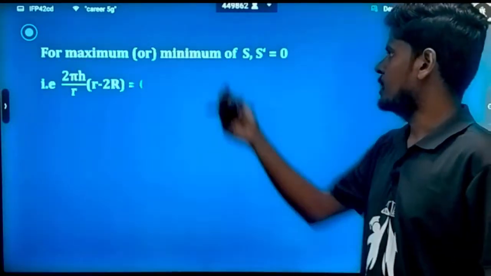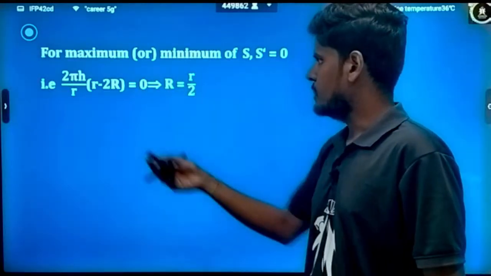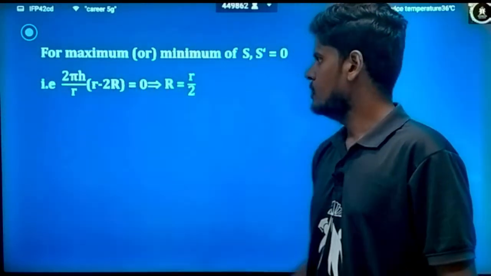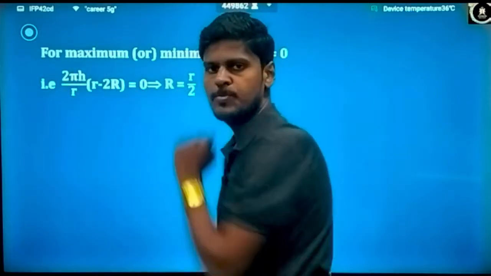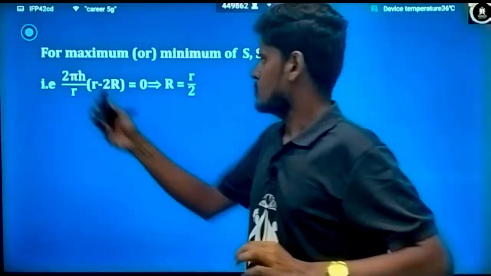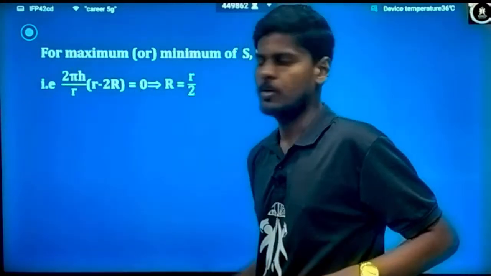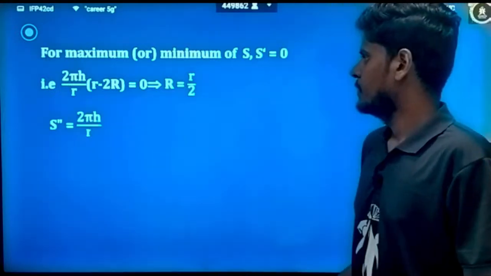Differentiate and set equal to 0. For maximum or minimum, S dash equals 0. Then the differentiation gives this term equal to 0. These are all constants: 2 pi, and small h and small r are the height and radius of the cone, which are fixed. So small r equals 2 times capital R, or capital R equals r by 2.